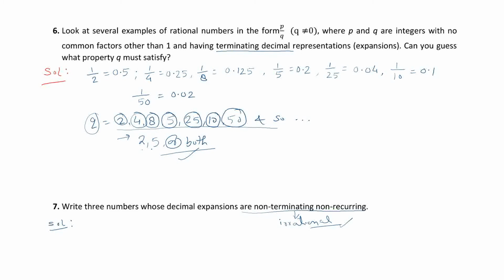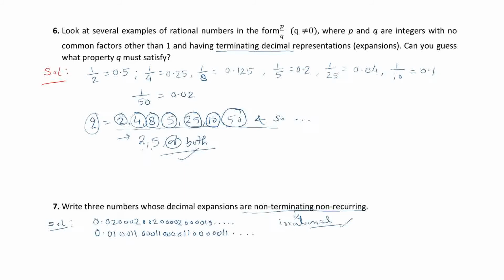So we can consider any kind of number. Let's say we have to write three numbers. So 0.02, 0.002, 0.0002, 0.00002, 0.0000019, and so on. Similarly, we can also write 0.01, 0.0011, 0.00011, 0.0000011, and so on.